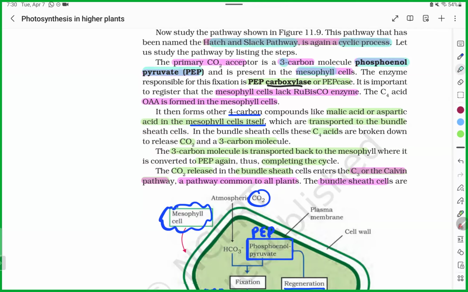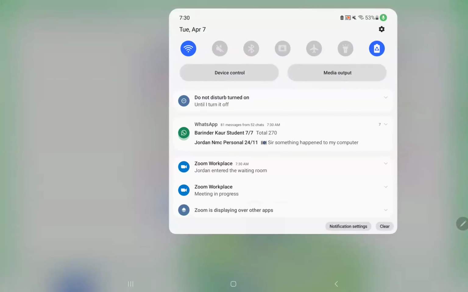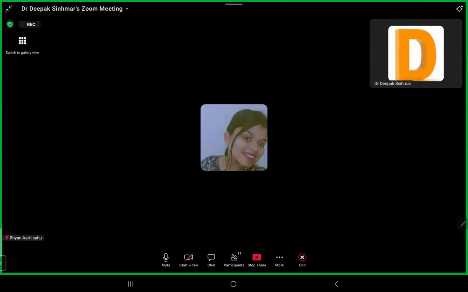In the C3 Calvin cycle, everything happens in the mesophyll cell. The enzyme responsible in C4 plants is PEP carboxylase. In C3, Rubisco.